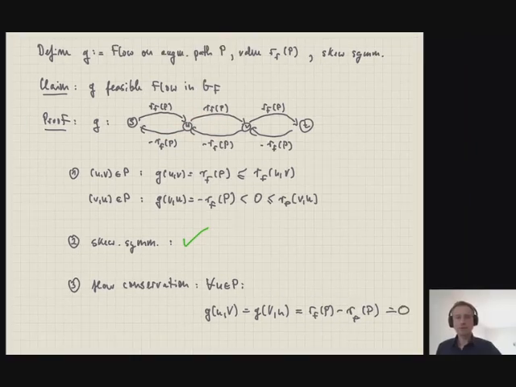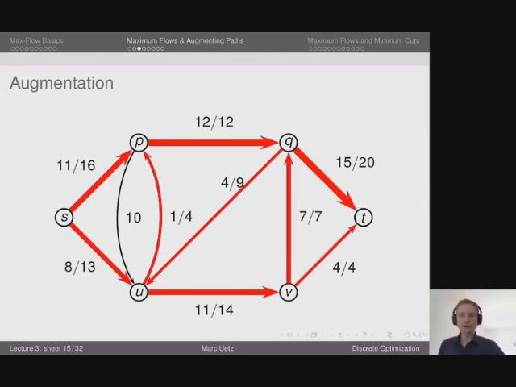Okay, let's see how flow augmentation along augmenting paths actually works on a little example. So here we have the graph that I already showed earlier with a given feasible flow in that graph. And as you can see, we have, for instance, ST paths in this graph. So there's one up here, okay?